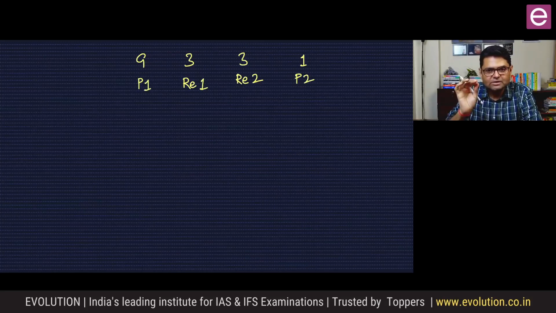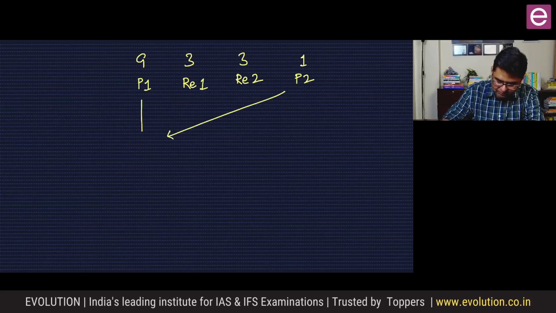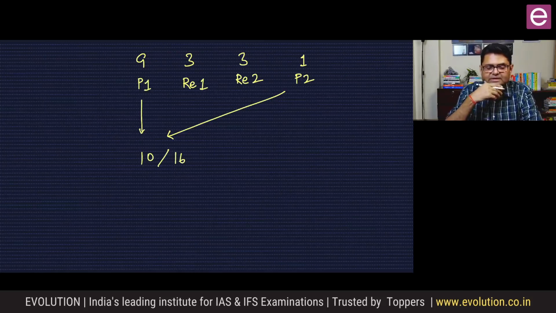This is how it looks. Now if you see, parent 1 and parent 2 account for 10 out of 16 offsprings, right?